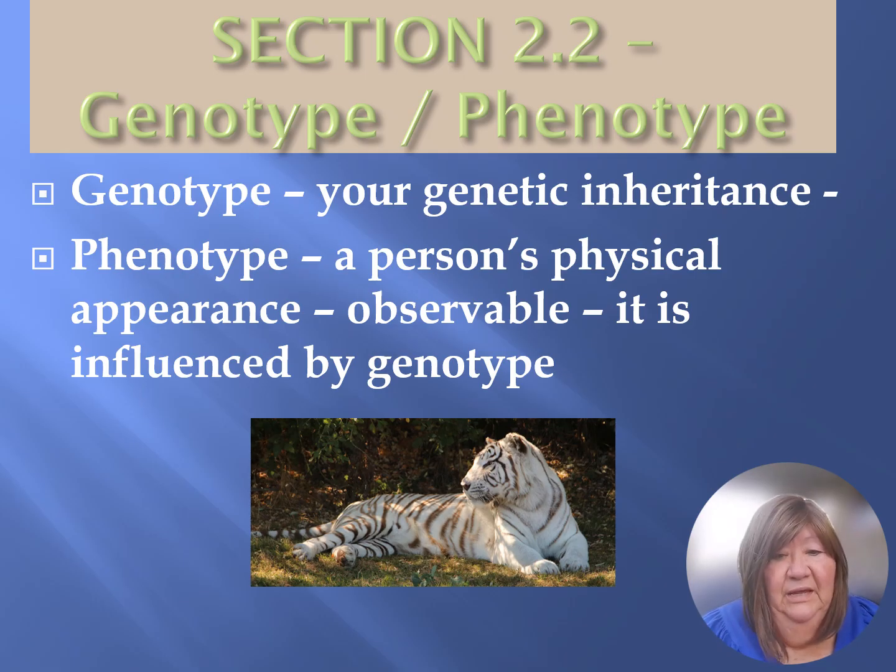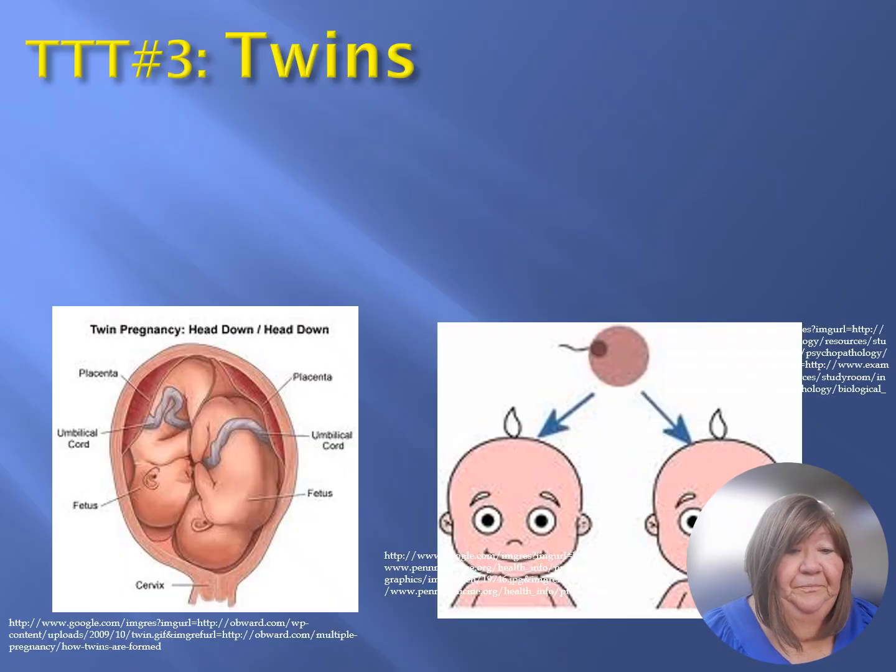So think for a sec. All of the genetics that are inside this tiger that make him what he is. And the phenotype is what you can observe. So you probably would observe that he's a white tiger, but he still has the tiger stripes, but he's not an orange tiger because he's a white tiger. Wow, that was really deep, wasn't it?